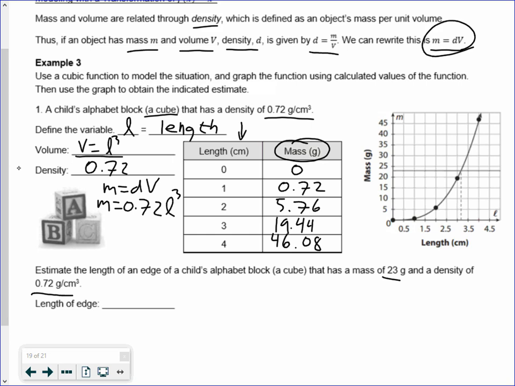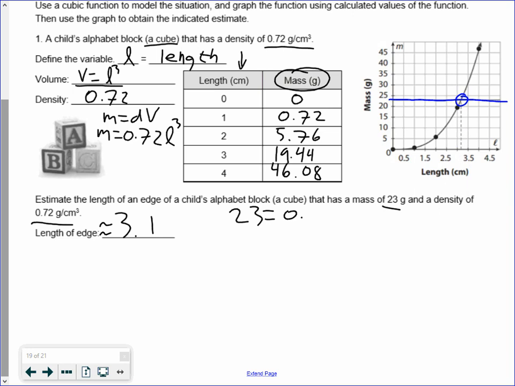All we're going to do is go to our graph and figure out when M equals 23 and see where it intersects with our graph. The graph equals 23 when our length is about 3.1, 3.2. It's an estimation at the end of the day, so it's about 3.1 or 3.2. So we're going to draw a line at 23, and that's what we're going to get.